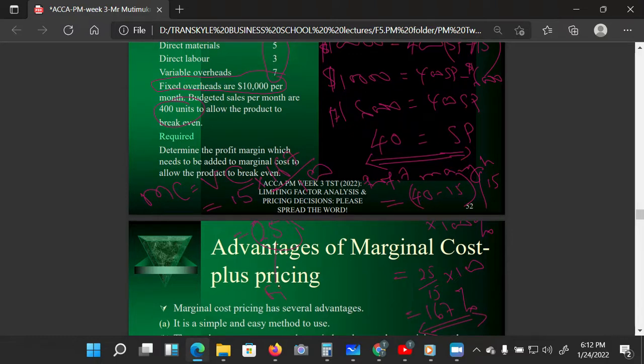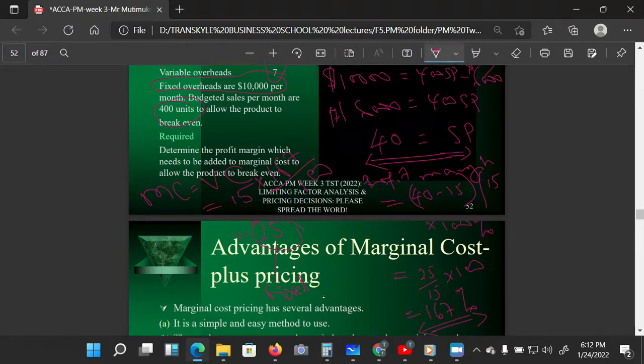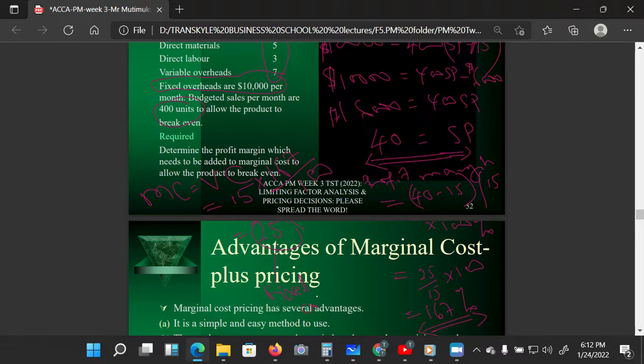This is the same 25 which we have already determined as the fixed cost as well as the contribution, because 40 minus 15, this is the selling price minus 15, the variable cost, that's the contribution. So you can see that that's the contribution as well as the fixed cost.